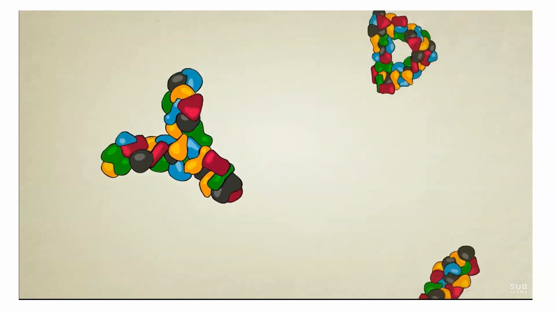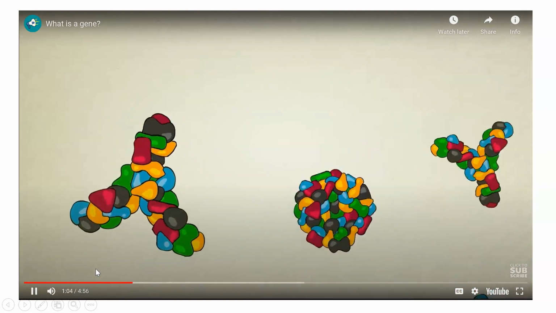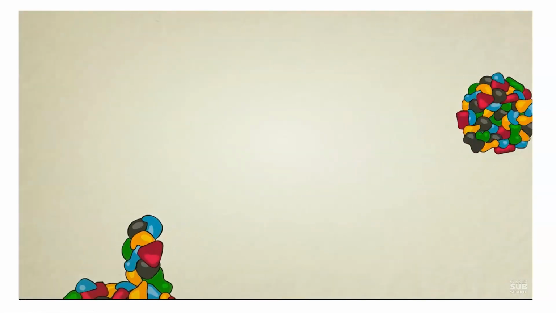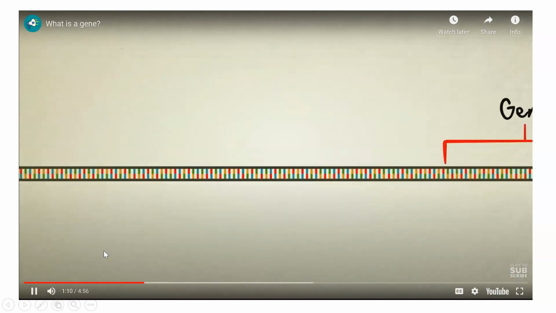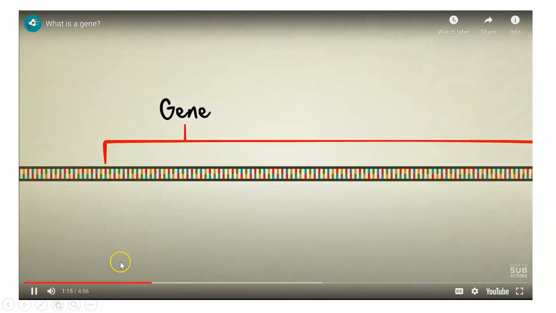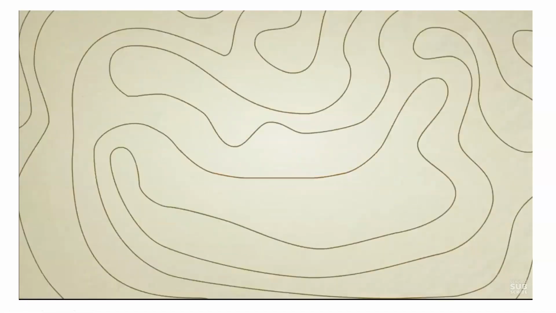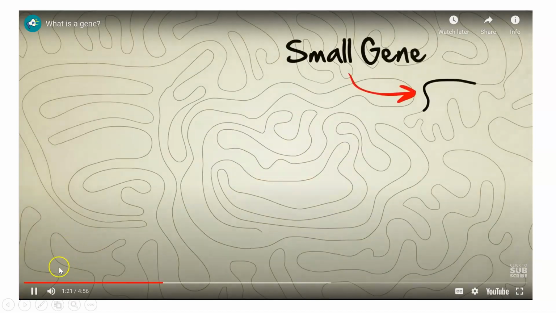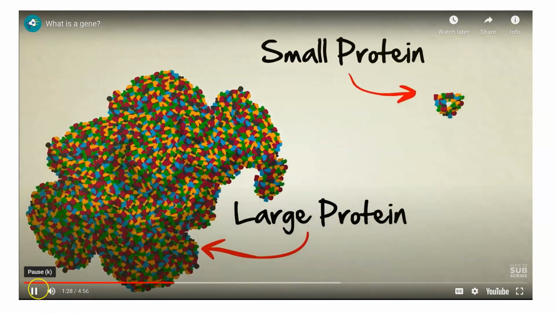Those proteins then interact with each other and all sorts of chemicals inside the body to build things like eye pigments, freckles, and mood-altering hormones. Okay. A single strand of DNA contains thousands of genes or unique protein recipes. Humans have roughly 20,000 altogether. Some genes are small, only about 300 letters long. Others are well over 1 million. The length and sequence of a gene determine the size and shape of the protein it builds.